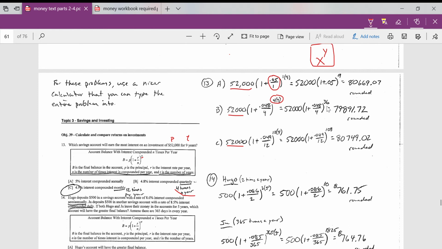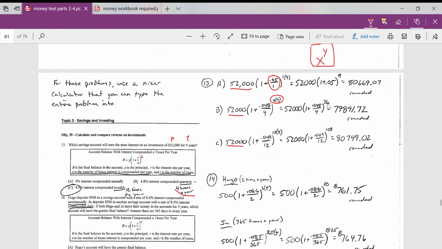Now if I had a really nice scientific calculator, I could type this in properly and get my answer. If not, I would do this division first in the parentheses, take that answer plus 1, keep that in my calculator, hit the exponent button, and then 36.